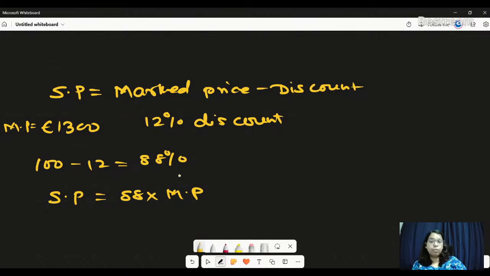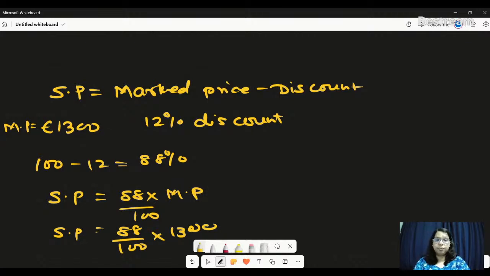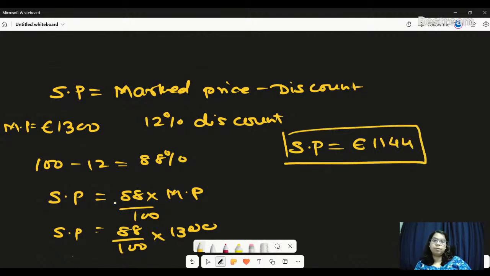This is another way of doing it. So selling price is equal to 88 over 100 into 1300. So that is equal to 1144. So the selling price for this item is going to be 1144 euros. This is your answer.